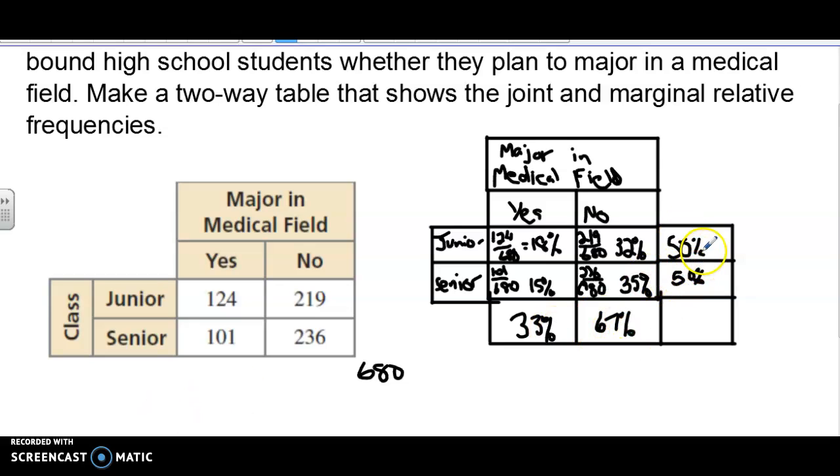Now both the marginal frequencies here should add up to 100%, or if you're doing decimals, they should add up to 1. Sometimes it works out where they're around 99% because of the way that everything rounds. It doesn't quite round correctly, but most of the time it'll be 100%. So these are your joint relative frequencies, and these are your marginal relative frequencies on the outside.